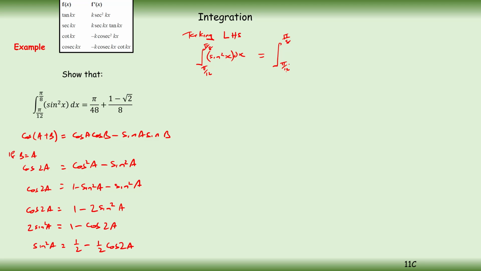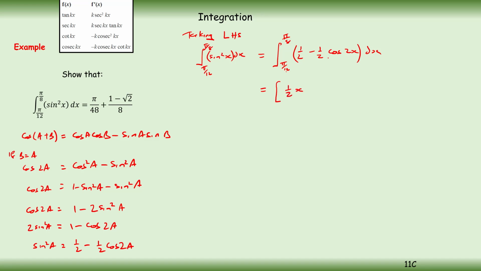And I've got a half minus a half cos 2x. I'm going to integrate that with respect to x. Okay, so now I can integrate term by term. If I integrate a half, I get a half of x.